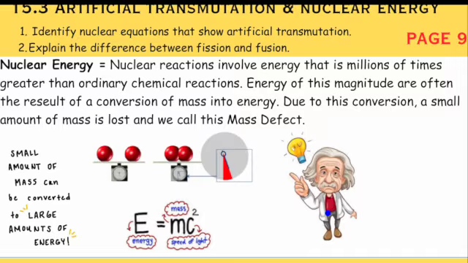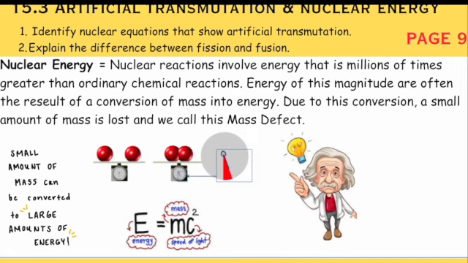You've probably heard of Einstein's equation E = mc², where energy equals mass times the speed of light squared. What this equation means is that mass and energy are basically two sides of the same coin. Sometimes we think of them as two distinct things, but Einstein says that they can actually convert from one to the other. In terms of nuclear reactions, producing nuclear energy involves something called mass defect.